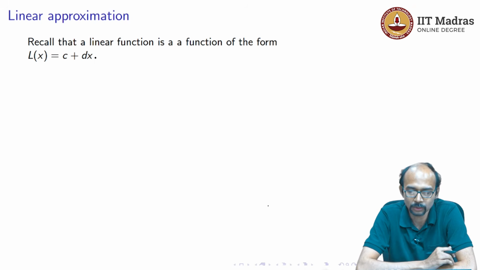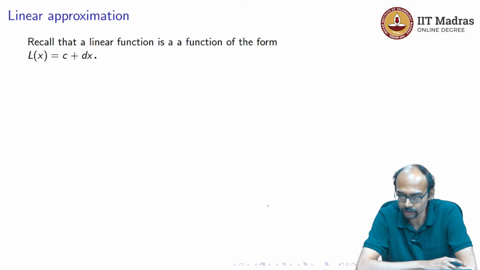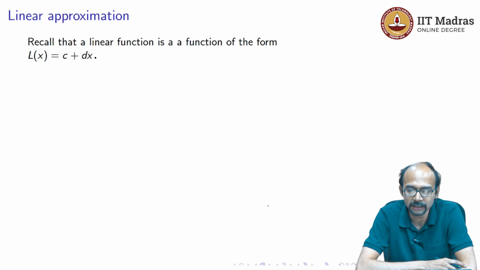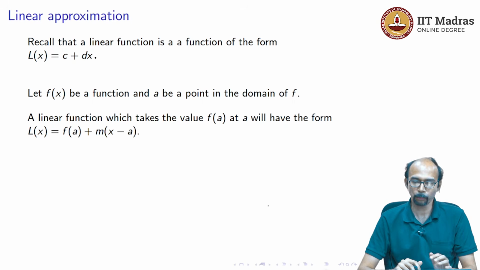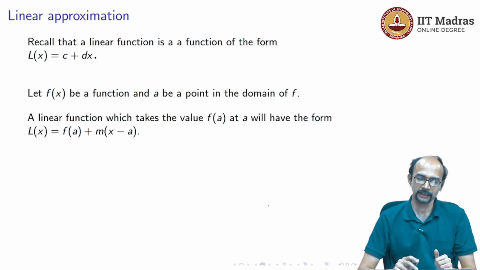We have seen this kind of thing before in our linear algebra videos, if you have seen them. L of x is f of a plus m times x minus a. Again, with the caveat that if you allow vertical linear functions, then that function will just be x is equal to a, the point form for a line.